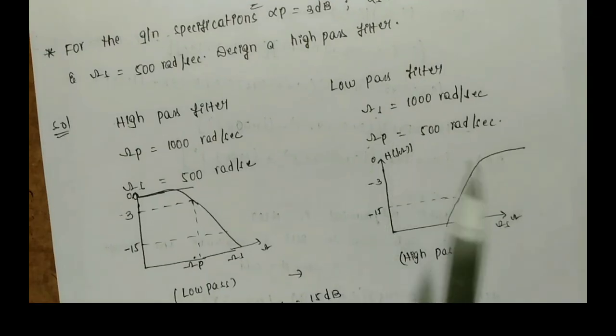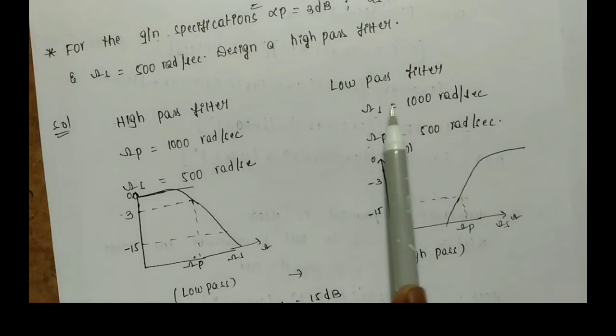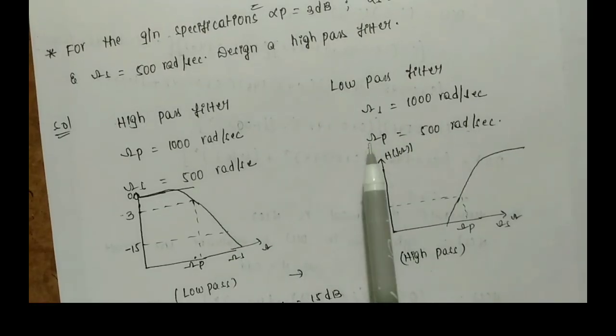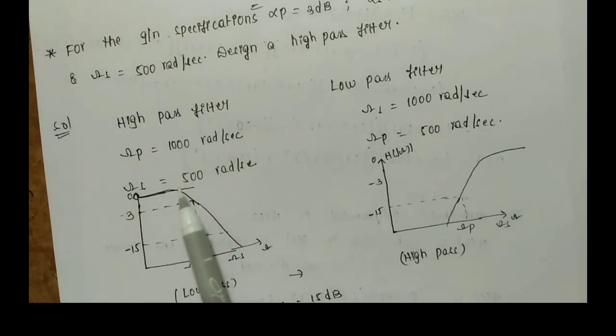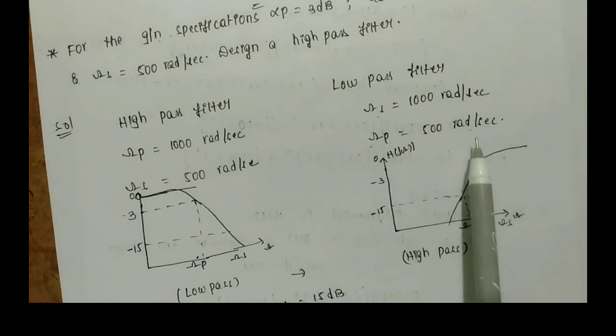So the pass band value becomes the stop band of the low pass filter, and omega s now becomes omega p. So omega p is 1000 here, now omega s is 1000 here, omega s is 500 here, and omega p is 500 radians per second here.